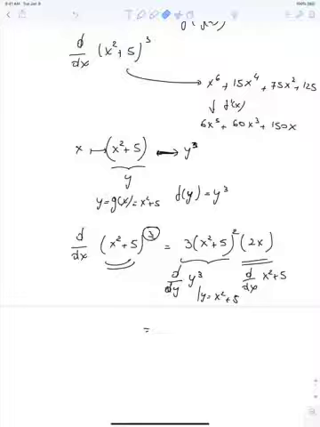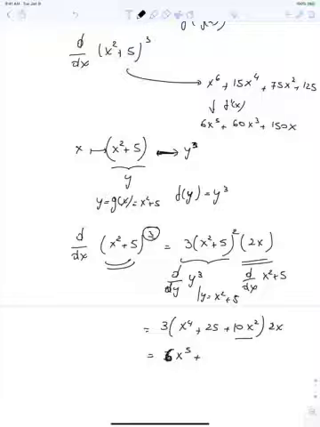So now this is 3 times (x power 4 plus 10x squared plus 25) times 2x. So this is 3 times x power 4 times 2x, which is 6x power 5. I'm going to do this one here first.